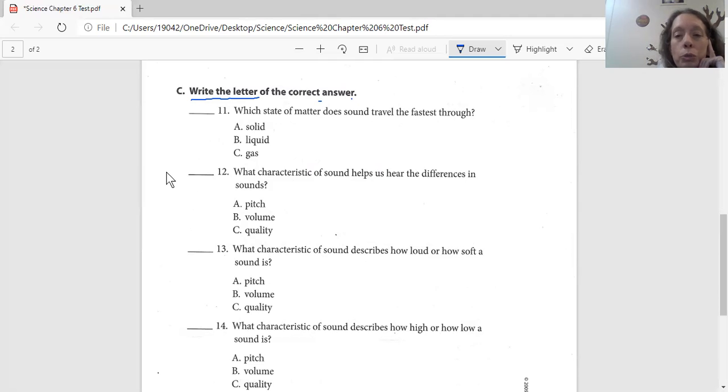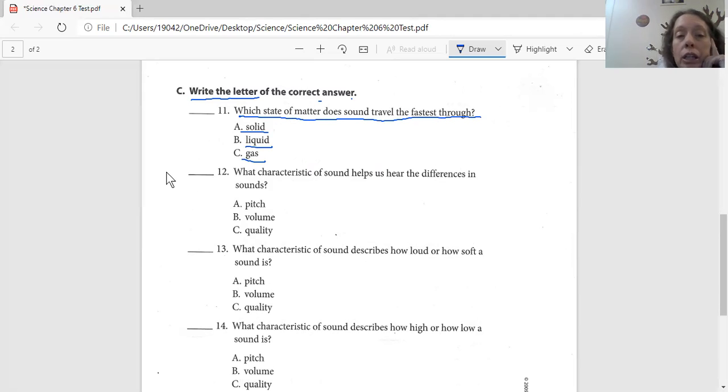Number 11, we're going to read our choices first. Our choices are solid, liquid, or gas. And here's our question, number 11. Which state of matter does sound travel fastest through?